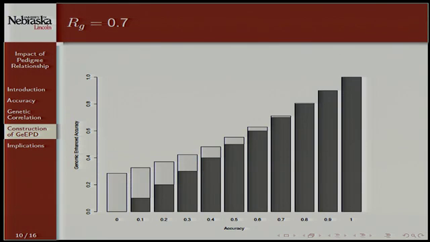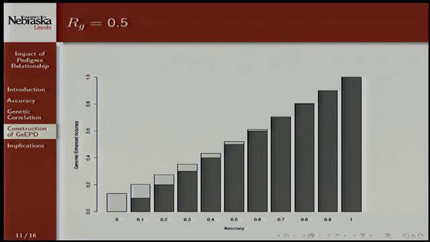Now, why is that genetic correlation important? Well, let's say we said that the genetic correlation is 0.7, but we're wrong. The actual genetic correlation is 0.5. I'm sorry, these molecular breeding values, when you calculate them, don't come with a label saying my true genetic correlation is 0.5. This is going to need to be estimated. And what you see in there, we think this is the accuracy we're getting.